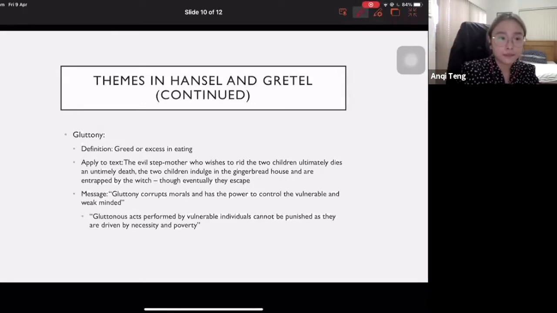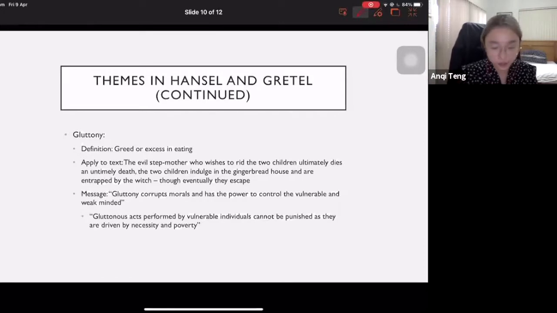So yeah, I think that's a really interesting look at just one theme of gluttony, and we'll look at how we can analyze that. This is a type of theme that is really nice to analyze in comparative paragraphs, right? Because we look at the gluttony on the evil stepmother side, which is very one-dimensional, right? You are gluttonous, therefore you get punished.